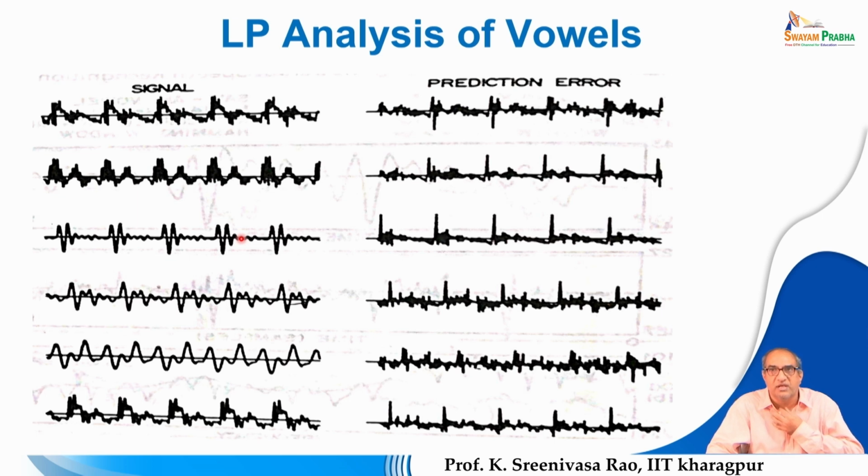Whenever the vocal folds start closing, they generate a narrow impulse-like pulse, and that cannot be predicted. Because of that, at the glottal closure locations you can observe the maximum error, and more or less the same observation holds across all the vowel segments.